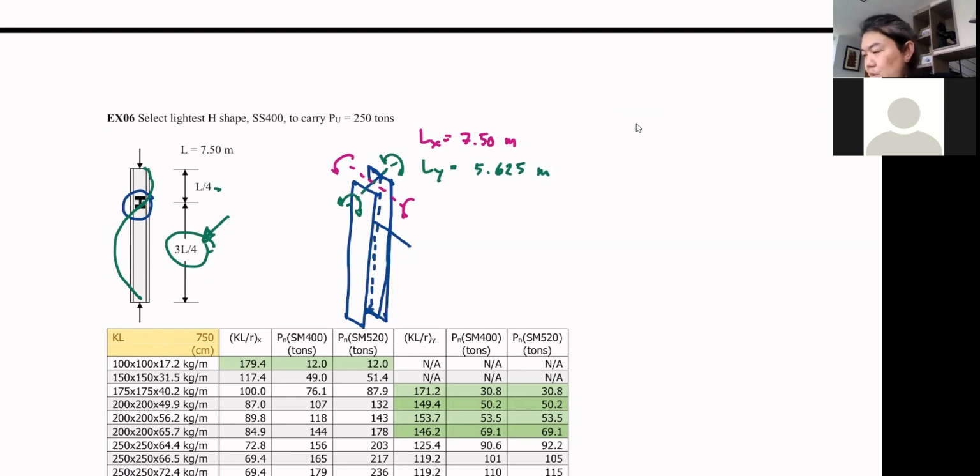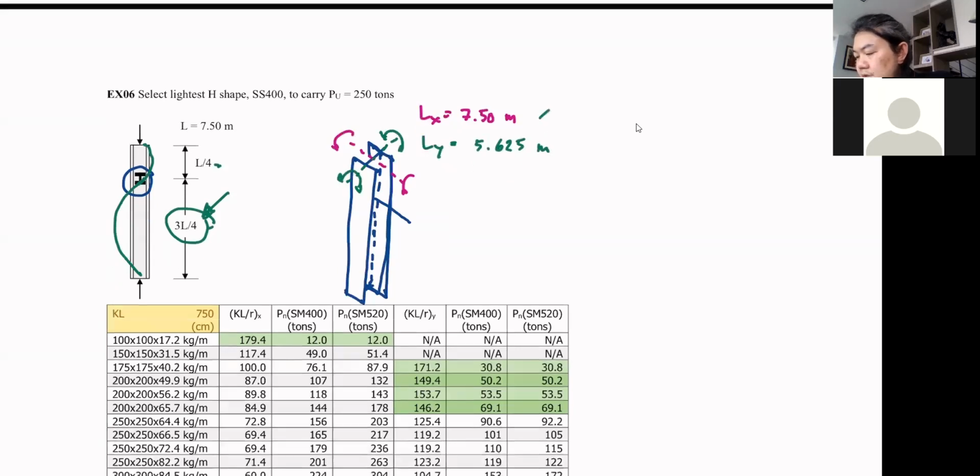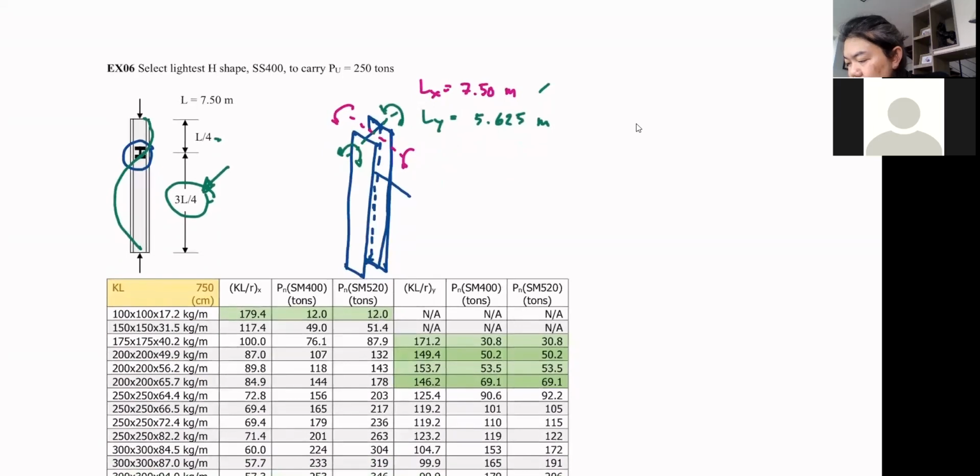In X, we have this. So you can enter the table with KL equal to 750. And, oh, I forgot to do this. It's SS400. And now, in the old days, I still wanted to demonstrate the LRFD a little bit.